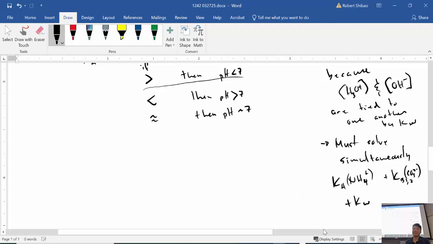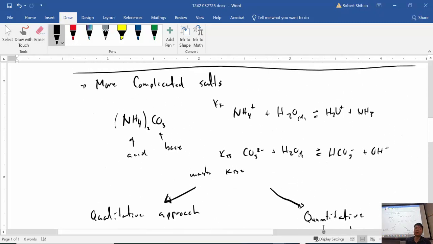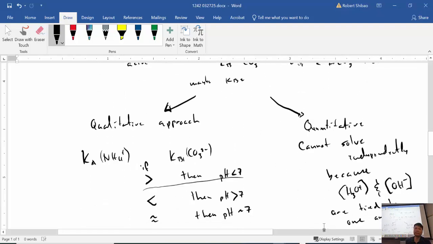No, this is very difficult. So it's best your book skips it, right? Because it's going to be very difficult. And so they don't even talk about it, I think, here. So that's one complication, more complicated salts here, where we have an acid and base in combination.